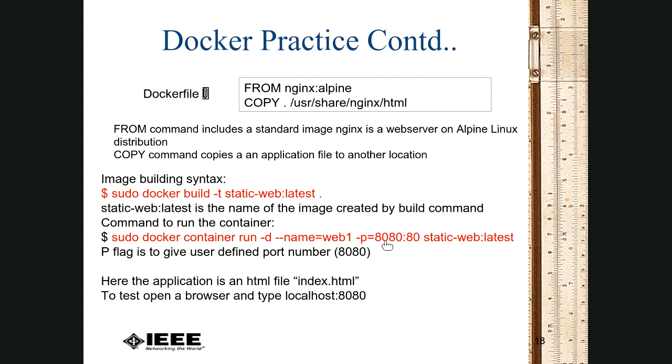Like you are defining a user-defined port number, attaching 8080 to 80, and then this is the name of the image, static-web:latest. This is the same name of the image which was created by the build command.